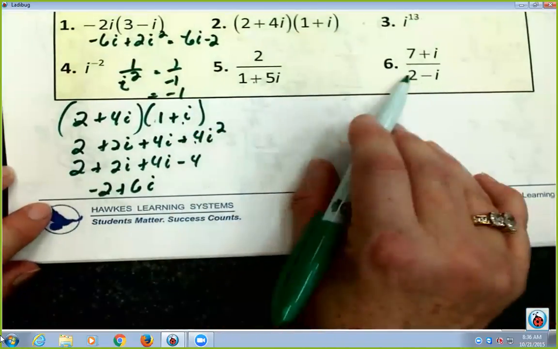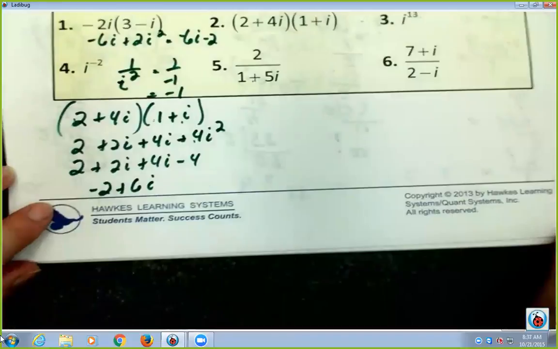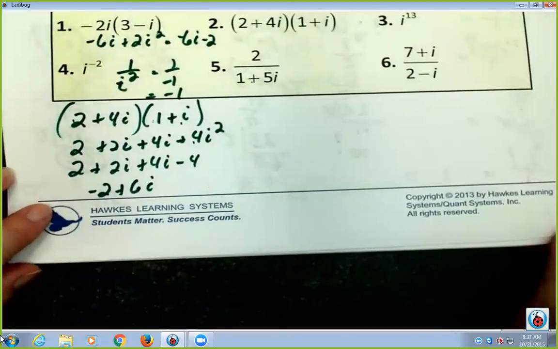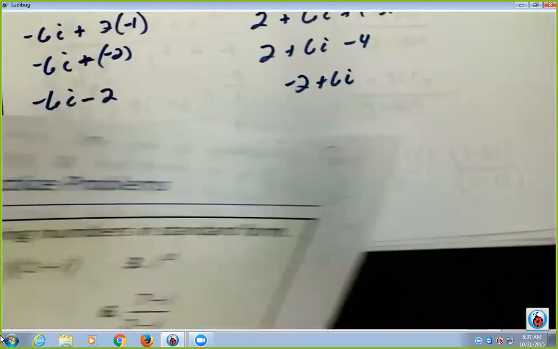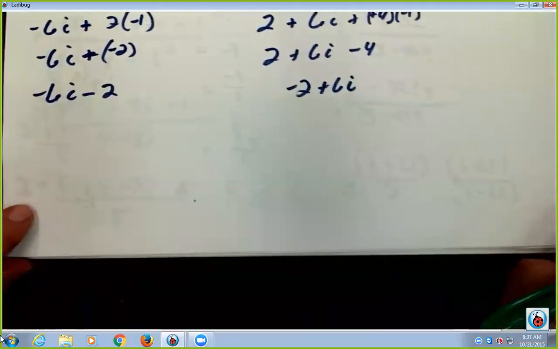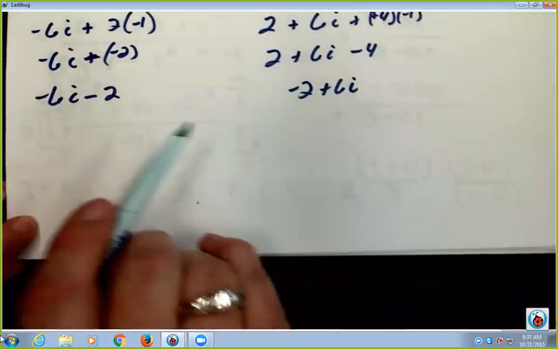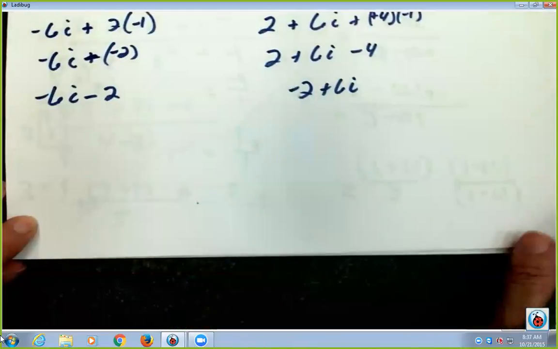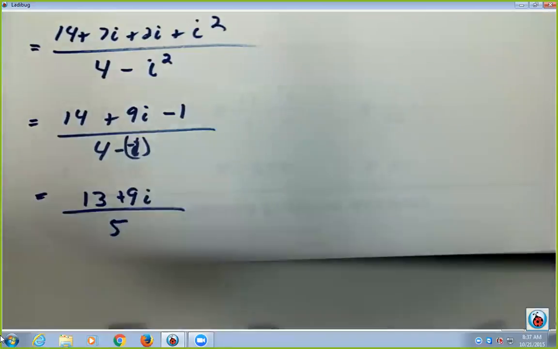Conjugates on these last two, and again, I've got them worked out, so I'll show you where those happen to be. If you're watching the video, you can just simply stop it and take a look at what those happen to be. So there's this one worked out, and this one.